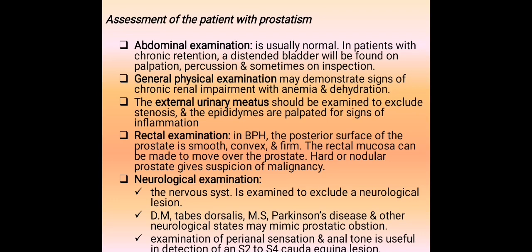General physical signs may demonstrate signs of chronic renal impairment with anuria and dehydration. The external urinary meatus should be examined to exclude meatal stenosis, and the epididymis is palpated looking for signs of inflammation.